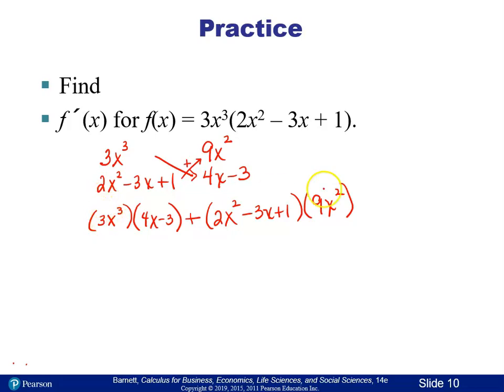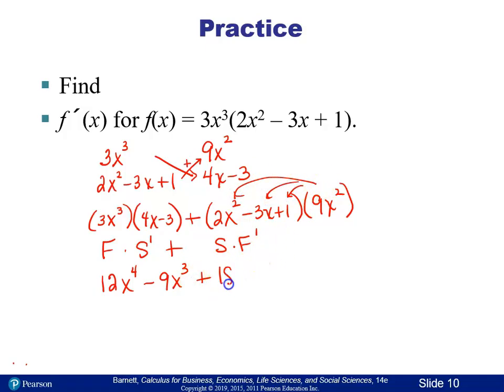So here we've got all the parts of the derivative. This will be first times the derivative of the second plus the second times the derivative of the first. And it's just a matter of simplifying by distributing. So if I distribute here, I'm going to have 12x to the fourth minus 9x to the third plus, distributing here to each term, 18x to the fourth minus 27x to the third plus 9x squared.